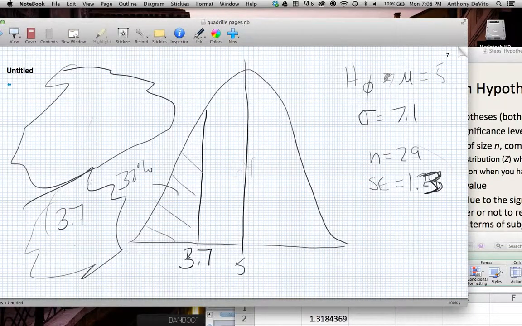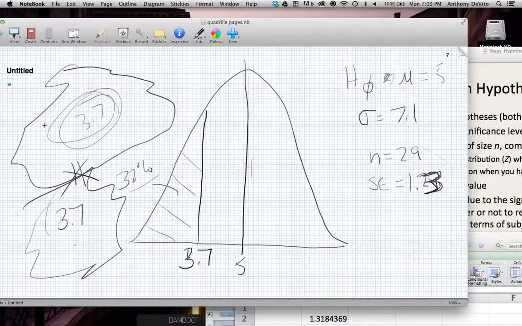Well, I could have easily gotten a value of 3.7 here too, right? It wouldn't have been that uncommon. It would have come up actually 32% of the time. So it's hard for me to say that these two are not equal, right? Because the chances of my getting a 3.7 is pretty common.